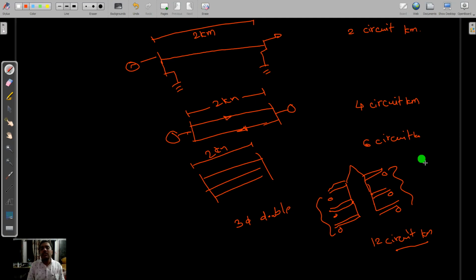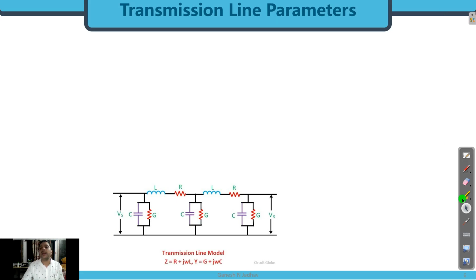Obviously the transmission line is made up of metal, that is the conducting material. So the conducting material has its own resistance. Depending upon the configuration of the transmission line, we have inductance. Again, we have a capacitance with respect to ground, and we have a shunt conductance also. So how these are formed, we will see.